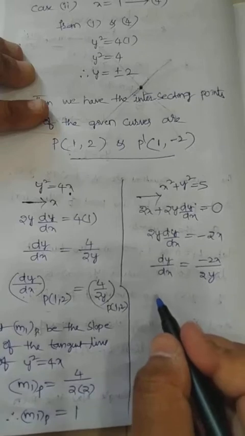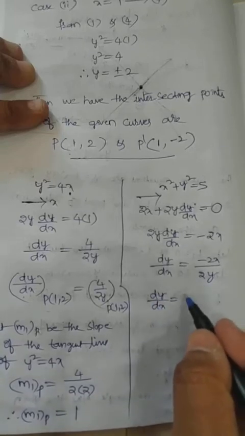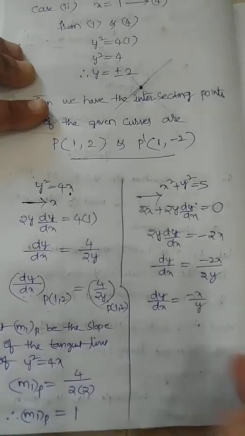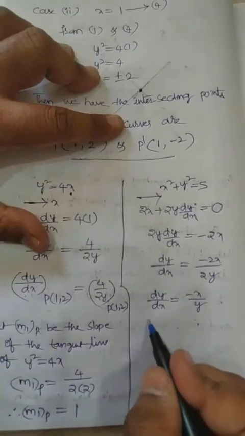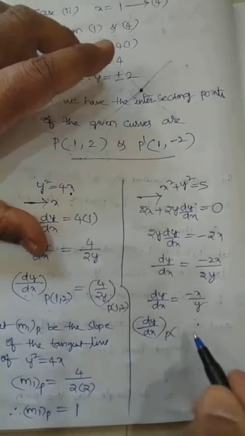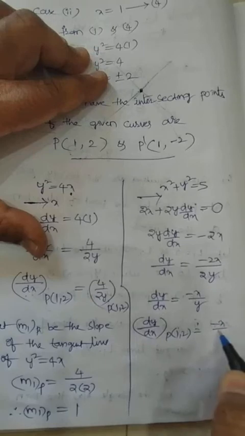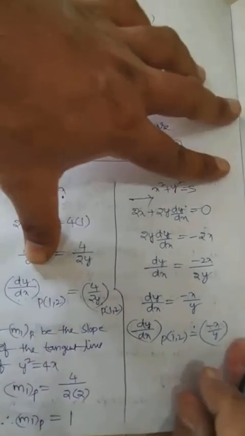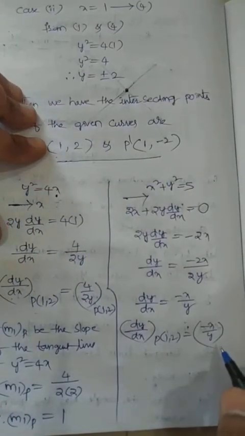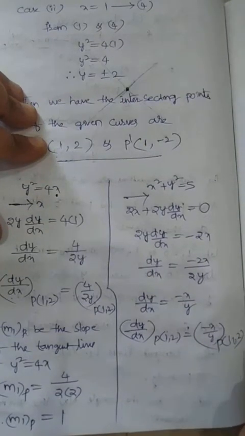The 2 gets cancelled, so dy by dx is minus x by y. Now dy by dx at the point P of 1 comma 2 is minus x by y at the point P of 1 comma 2.